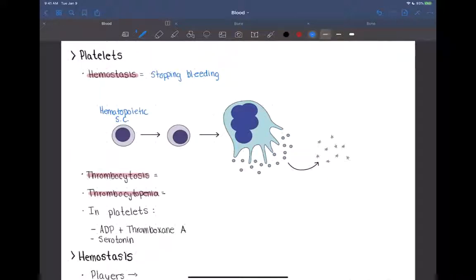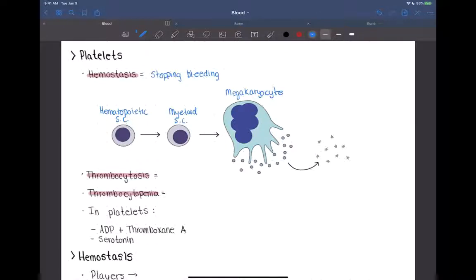We had our two branches, the lymphoid stem cells and the myeloid stem cells, and platelets come from that myeloid stem cell. All right, and then that myeloid stem cell is going to become a giant cell that is called a megakaryocyte. Okay, and this is the type of cell that makes platelets.